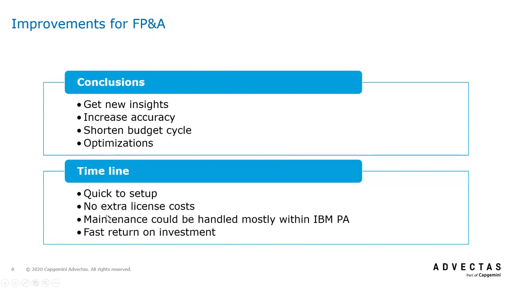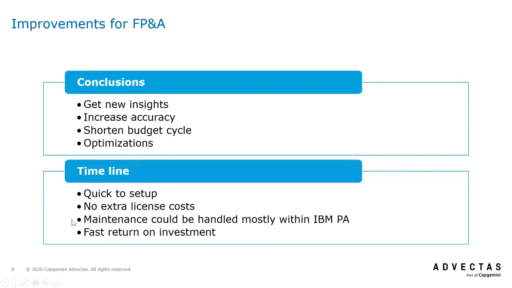And also changeability. Of course, if your dimensions change, your product structure changes, we can still make it in a way that most of the changes, if not all, you can still maintain within Planning Analytics directly, and try to build it in a way that only if you want to really use other statistical methods, then we expand the Python solution again.